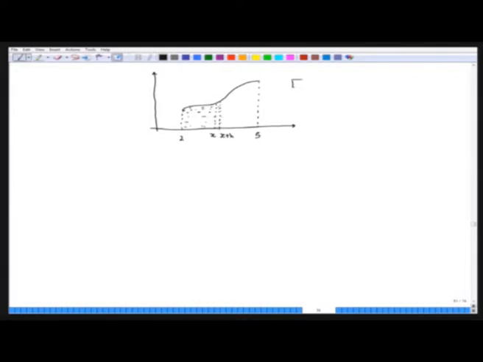So, this block is denoting A of x plus h, and now this block is denoting A of x. So, what does that do?